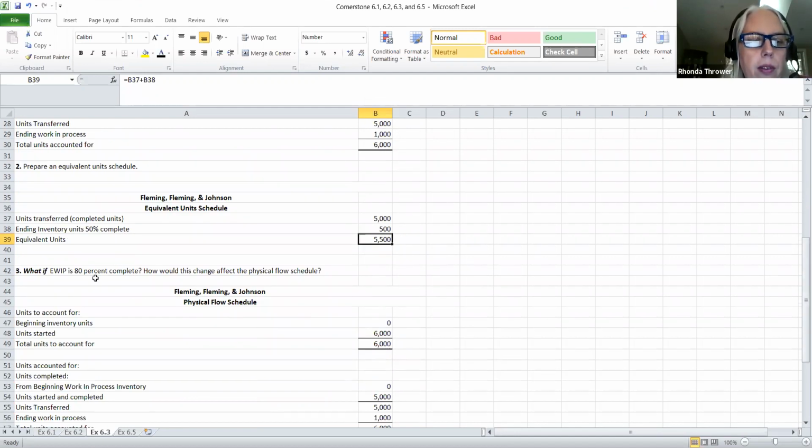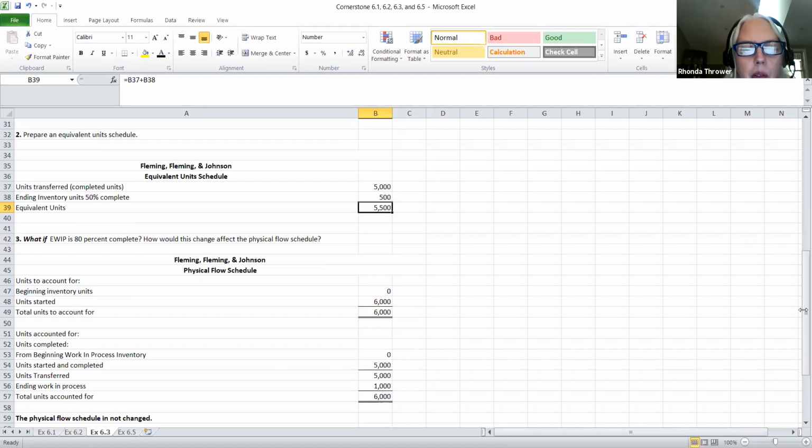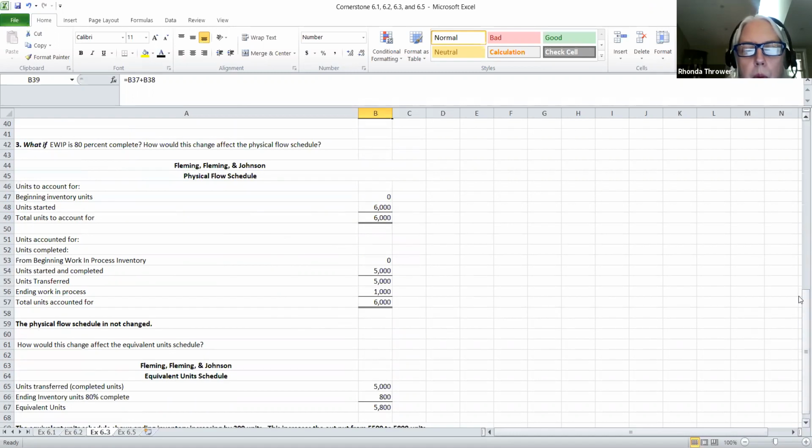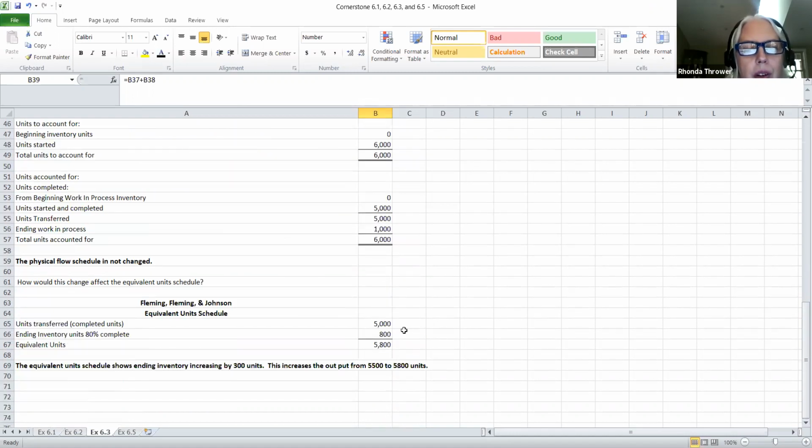Now part 3 is a what if analysis of the same thing that we've done before. The only thing they're changing is the ending work in process is now going to be 80% complete rather than 50% complete. So your whole units would be the same as they were up top. That wouldn't change anything at all. Your whole units do not change. But your equivalent units would change if they were 80% complete this period. We would take those 1,000 whole units in ending inventory and multiply that by 80%.